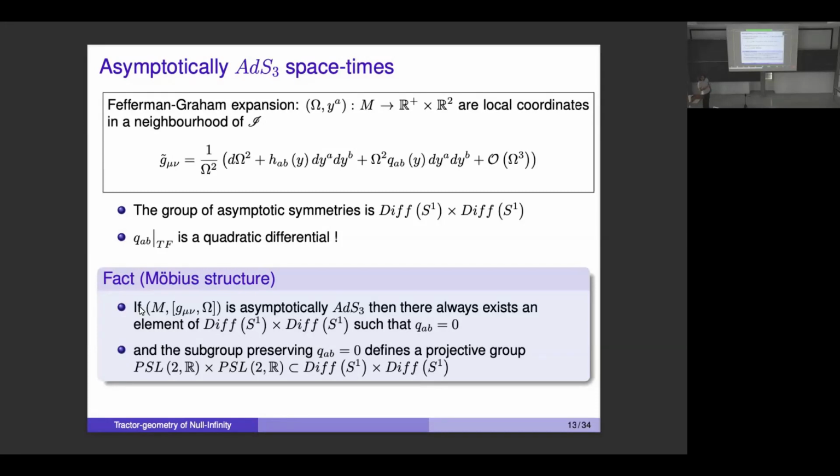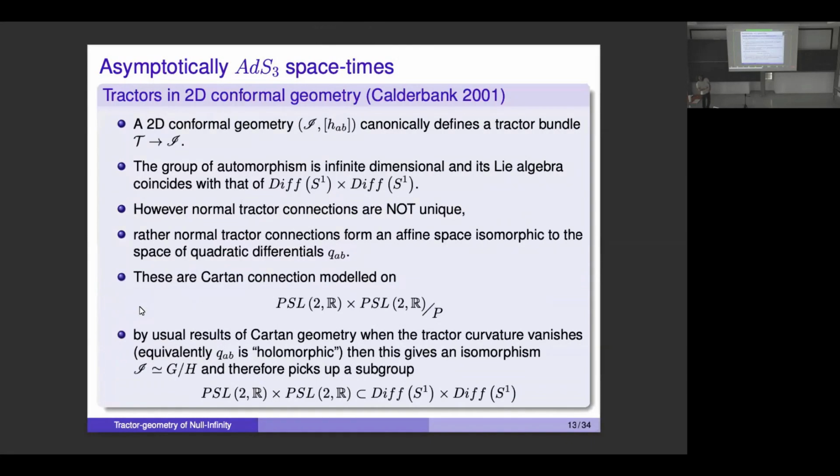This is something which is completely standard in 2-dimensional conformal geometry. And now, once again, if you look for the subgroup of diffeomorphisms stabilizing this, you find Diff(S^1) times Diff(S^1). But if you ask that Q_AB is 0, it will pick out for you some PSL(2,R) times PSL(2,R). So this is a Möbius structure.